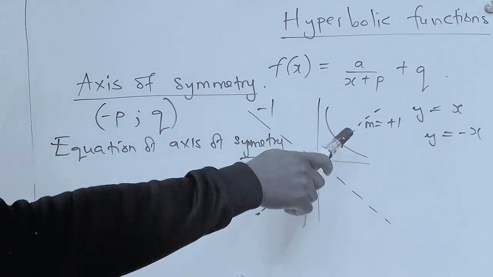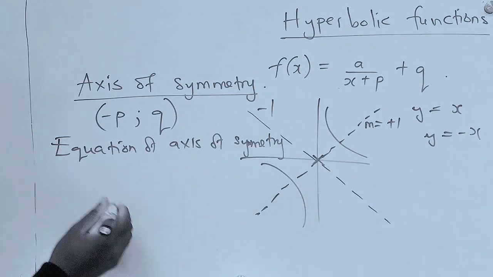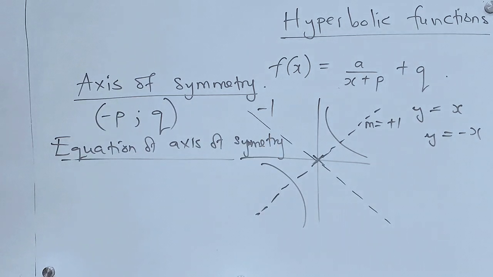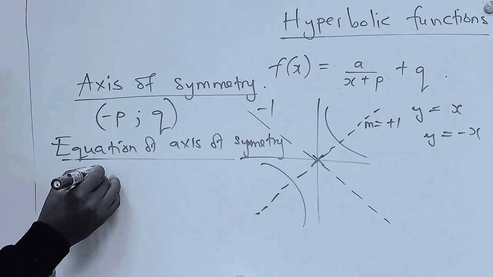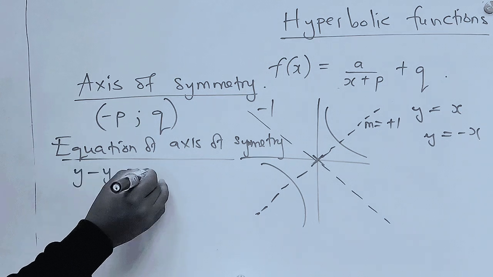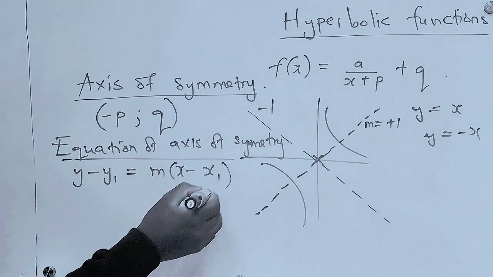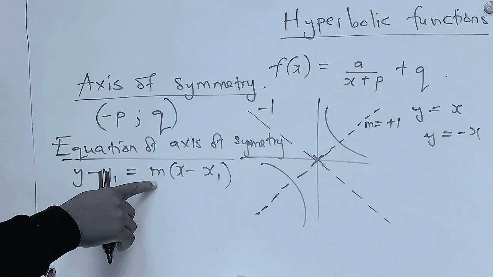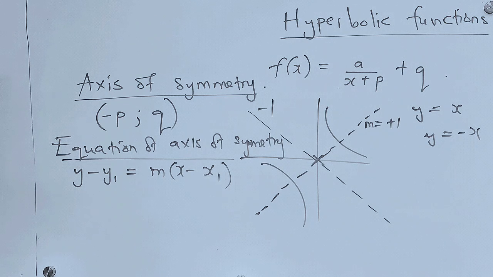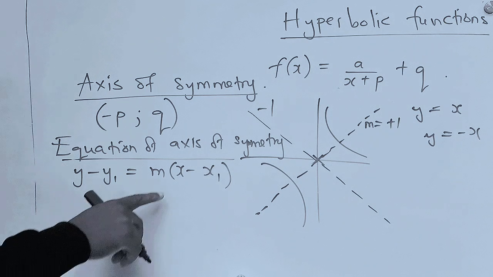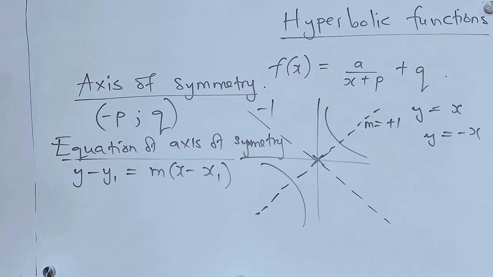These are straight lines: y minus y1 is equal to m times x minus x1. You only substitute here. If the question is asking for a positive gradient, you substitute positive 1. With a negative gradient, you substitute negative 1.